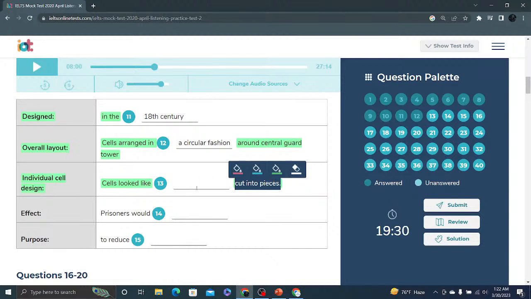And he was saying the design resembled a giant pie. So a giant pie would be the answer. If we put it, G-I-A-N-T, giant pie would be the answer. Now we are going to listen for 14.